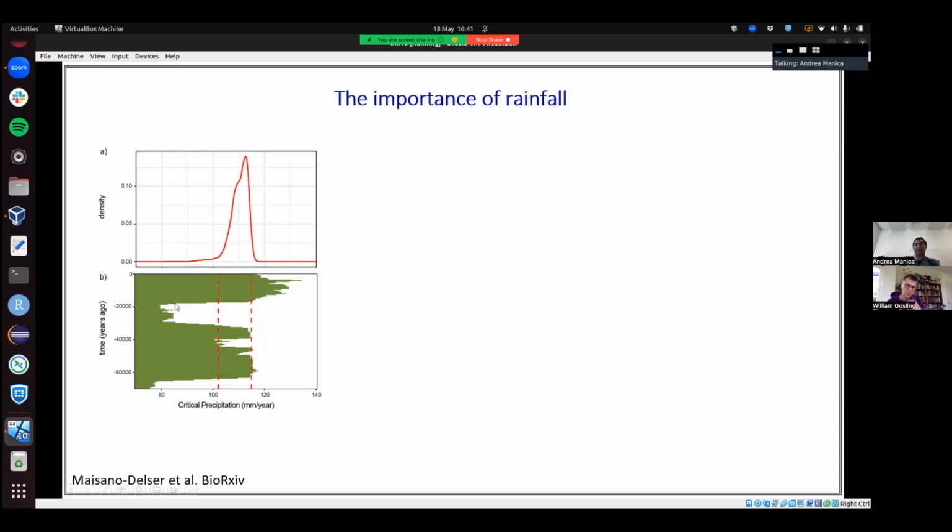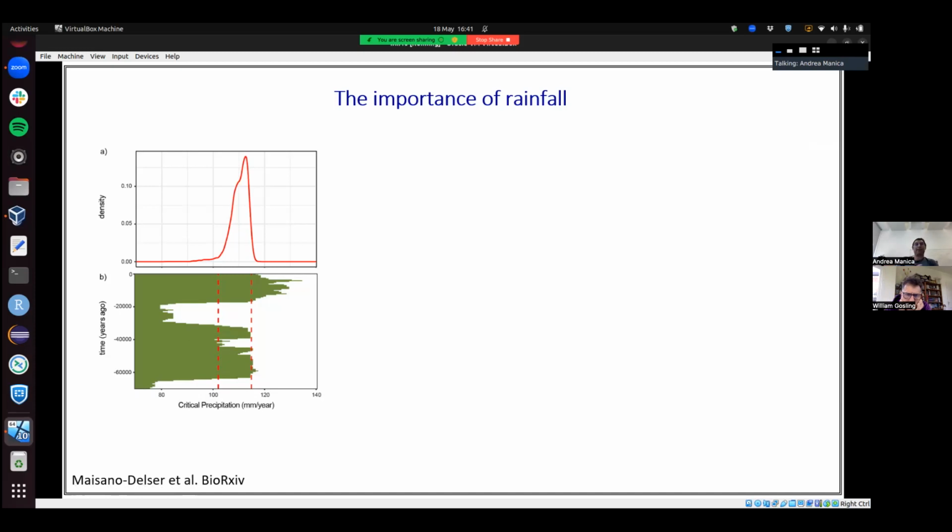On the other hand, if they needed really little rain, less than 80 millimeters, everything would be connected all the time. What the model selects is a very narrow situation where there are a number of bursts of connectivity over the last 70,000 years, then a stop, and then again some connectivity.